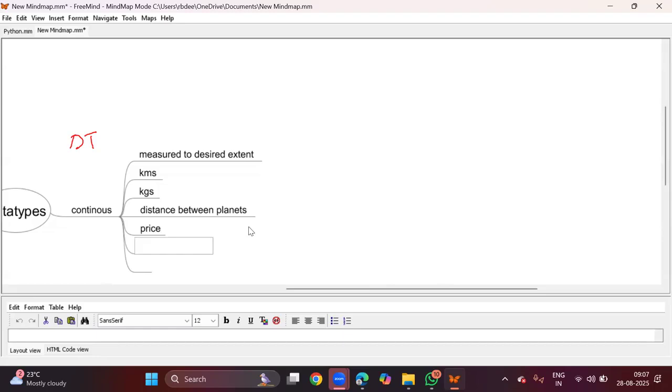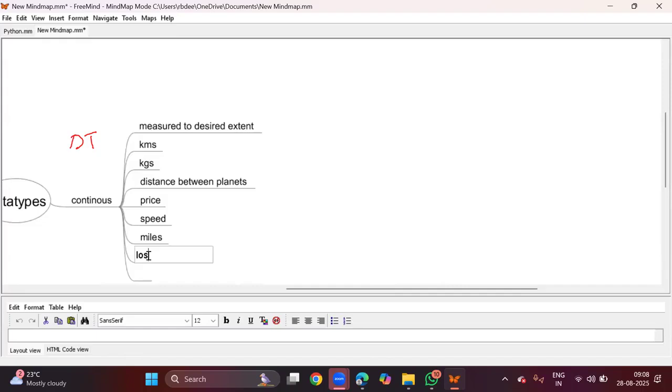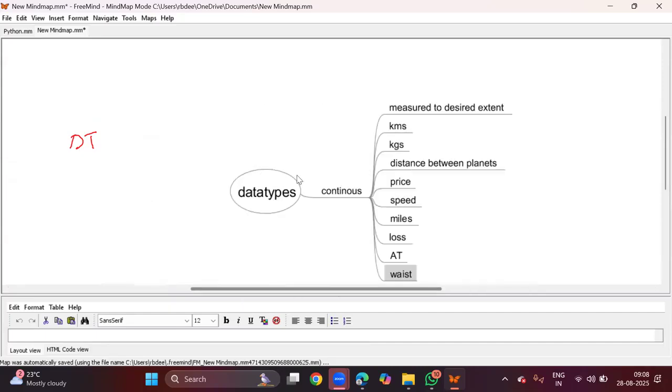Anything you will add? Continuous: height, weight, speed, miles. We can say loss, profit, profit and loss, adipose tissue count, any person's waist. All these fall under continuous data. Anything which can be measured to a desired extent is continuous.